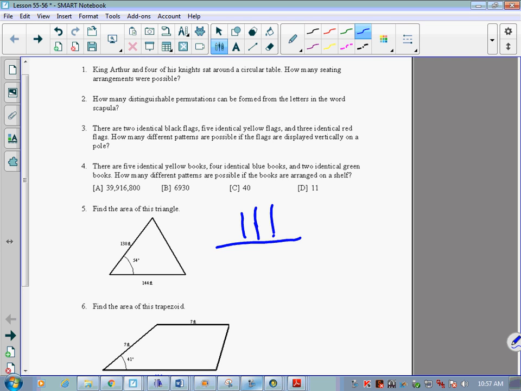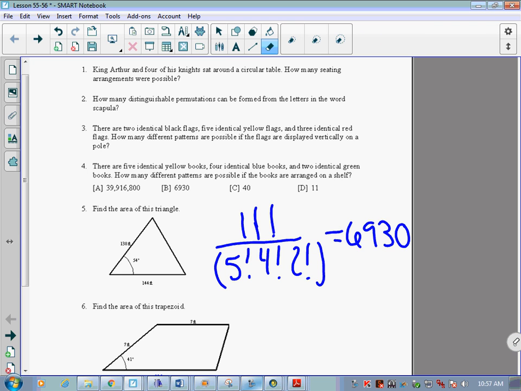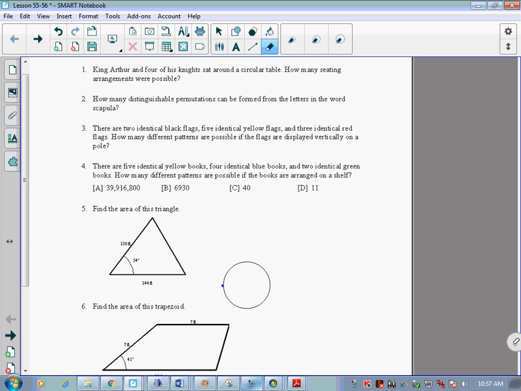Okay. 5, 4, 2. 6,930. Very good. So really, distinguishable permutations aren't that hard, right?